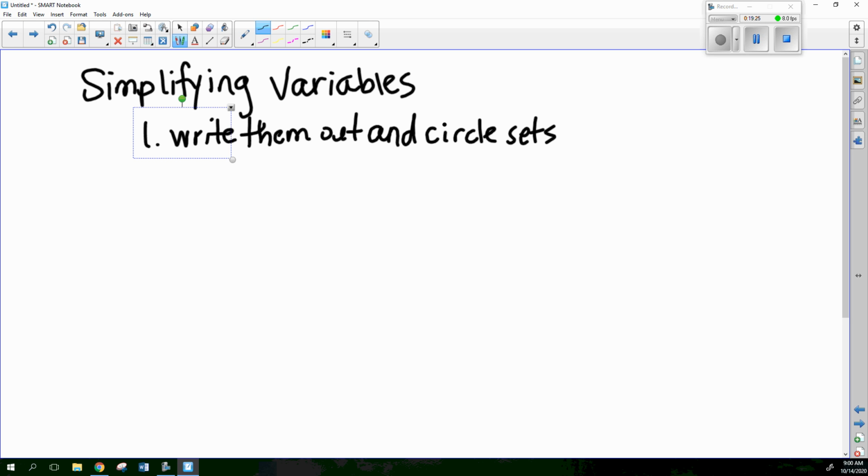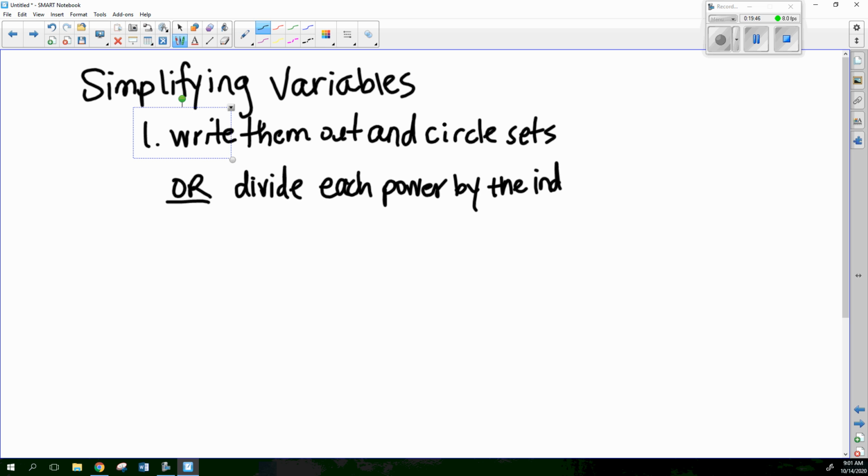So you could write them out and circle sets, just like we did with the numbers, okay? Or, all right, you could divide each power by the index, all right, and then the remainder, y'all remember how to divide and get a remainder?